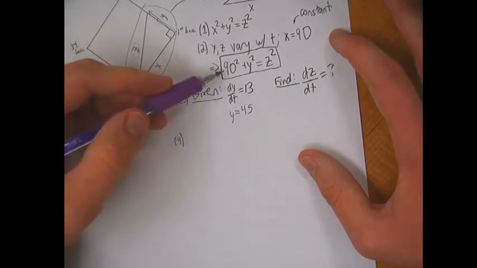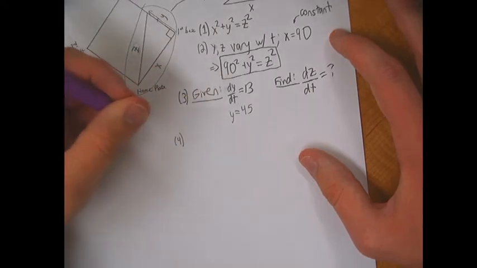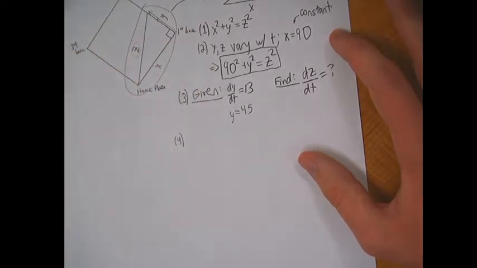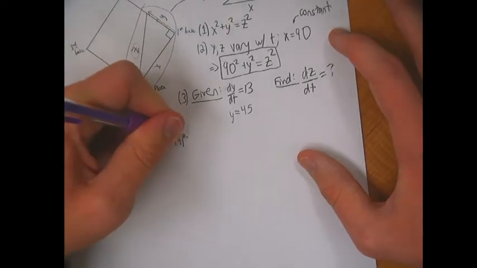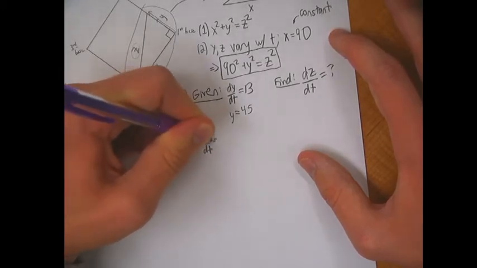So if we differentiate this equation with respect to t, similar work as example 1 should then yield what? 0 plus 2y dy dt equals 2z dz dt.